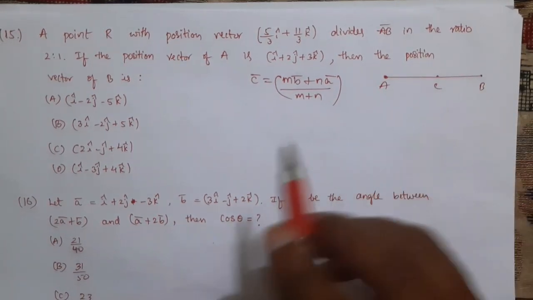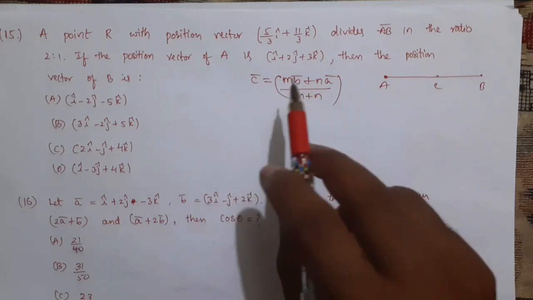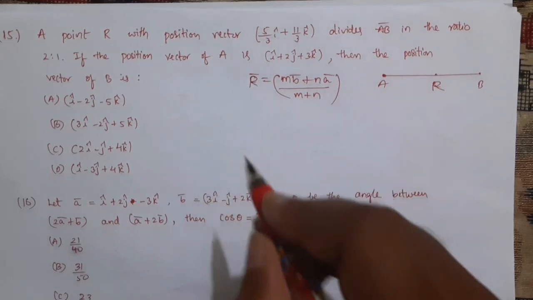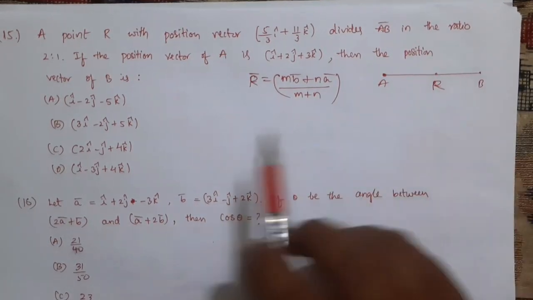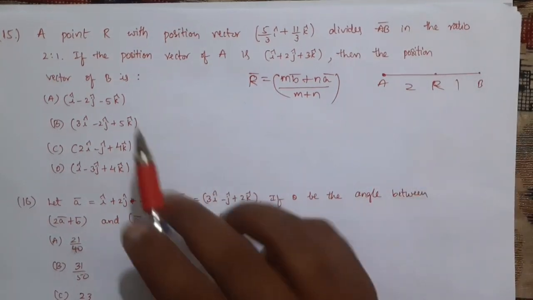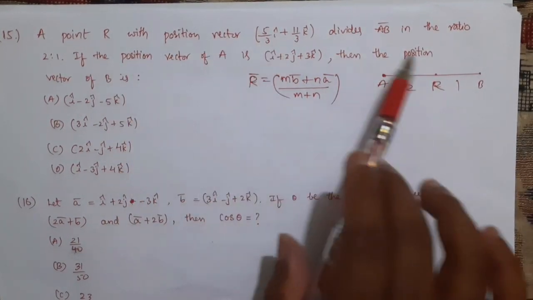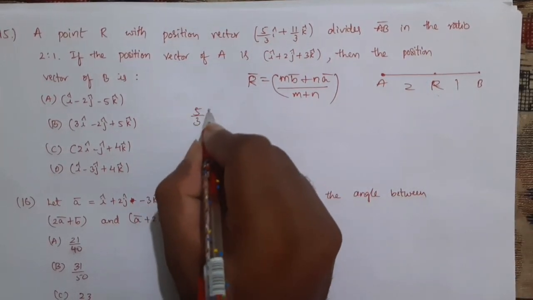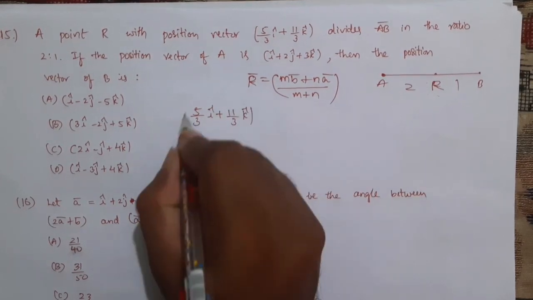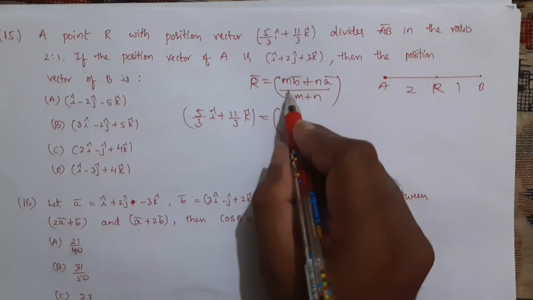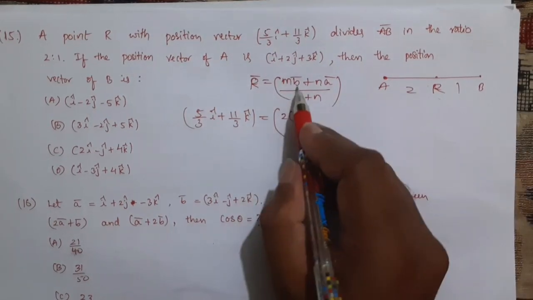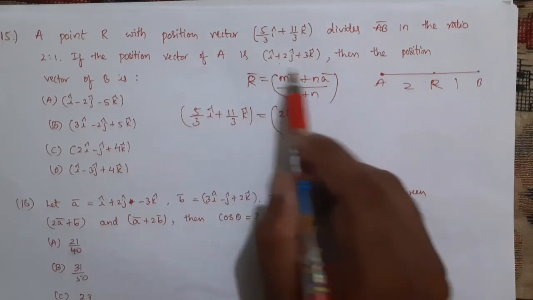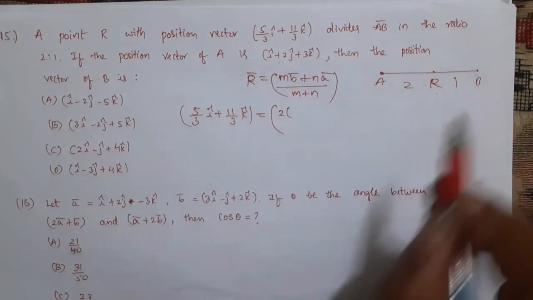when this is A and this is B and it divides at C. But here they said a point R with a position vector divides AB, so here the point is R, and we consider this as R bar. R divides AB in the ratio 2:1. The position vector of R is given, that is 5/3 I cap plus 11/3 K cap. M value is 2 into B bar, which we do not know, because the position vector of A is given and the position vector of B we need to find.